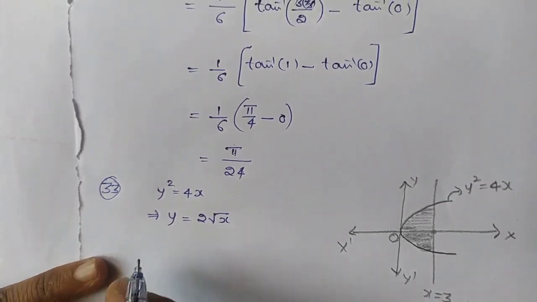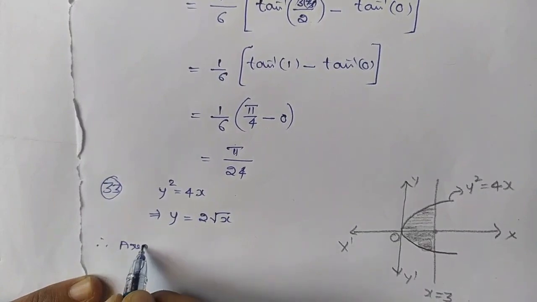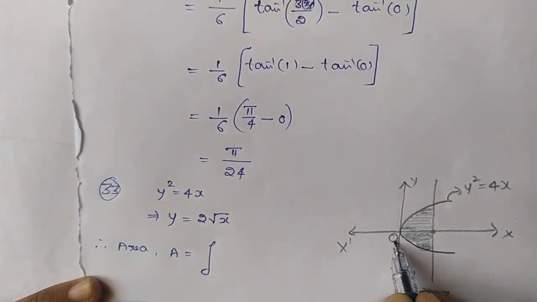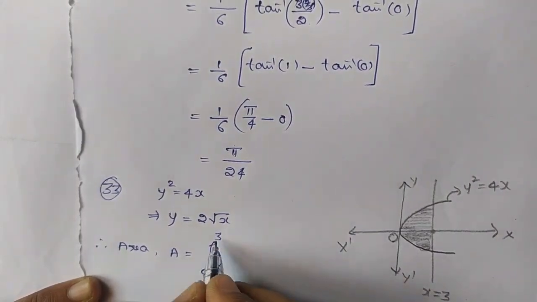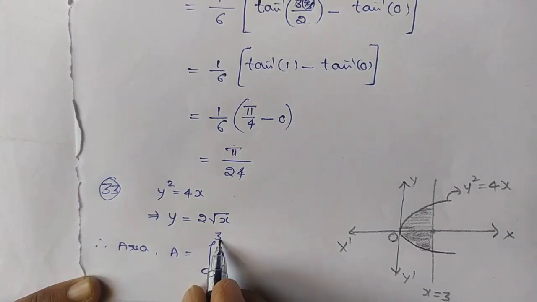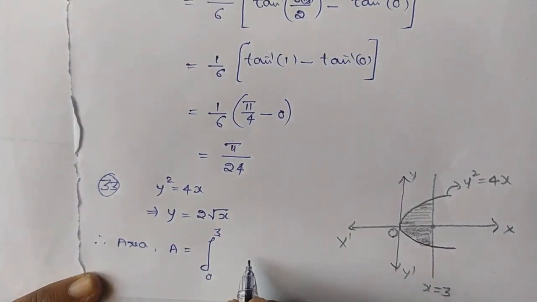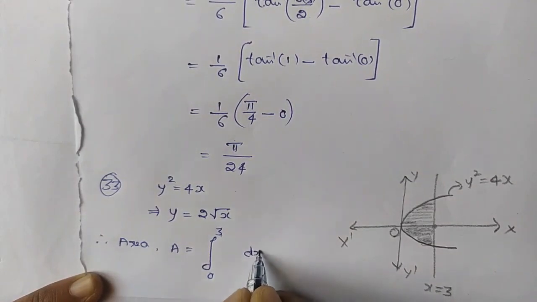Therefore the required area A equals the integration under the limit 0 to 3, because x equals 3. Here we have taken the limits in x, so we need to integrate with respect to dx.